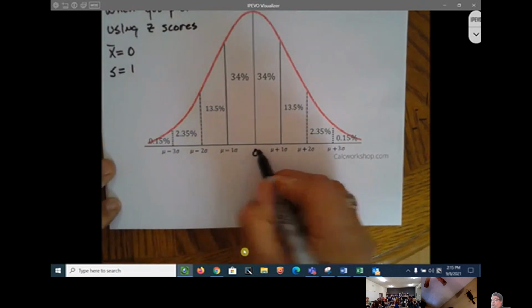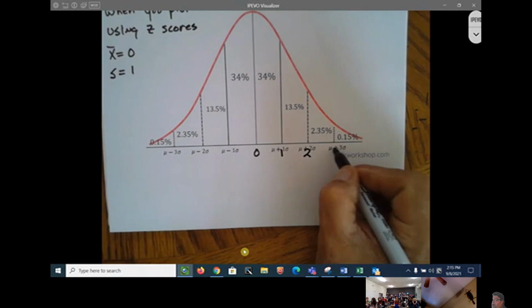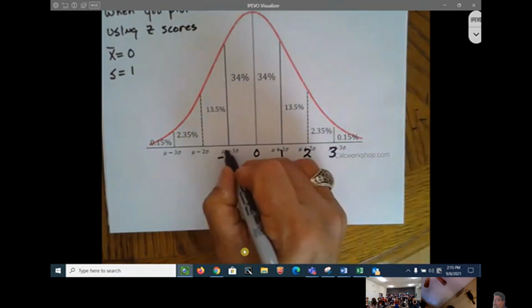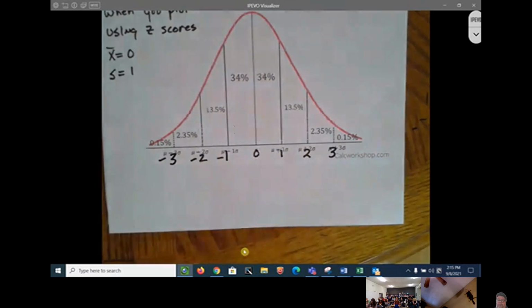So 0's in the middle. 1, 2, 3, -1, -2, -3.